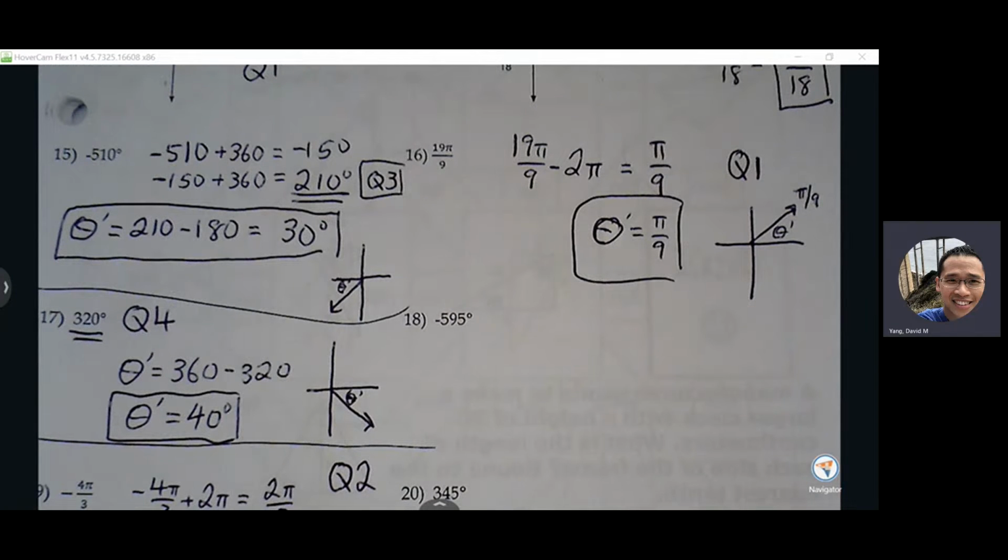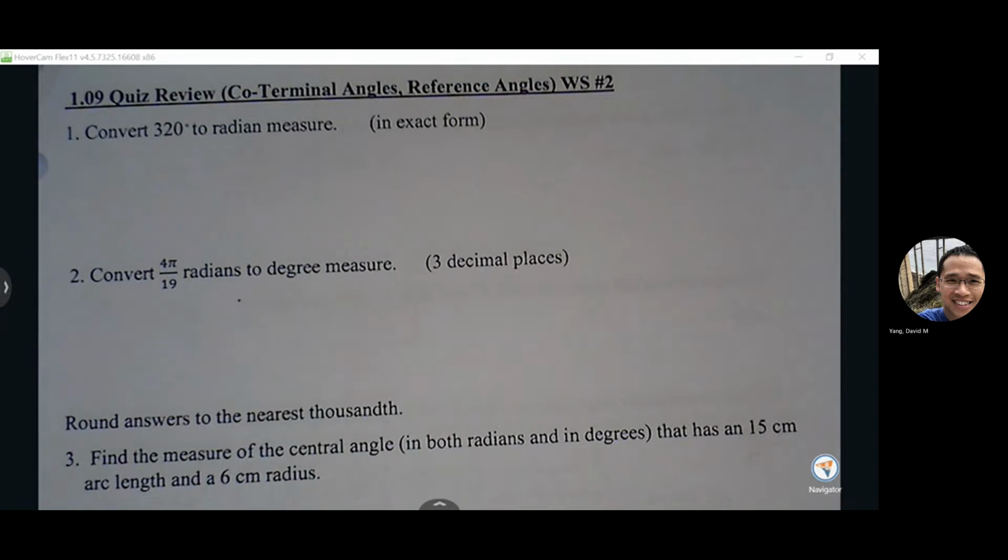Let's see if we can start on the first page of worksheet 2. We need to make sure that we remember how to convert from radians to degrees and vice versa. From degrees to radians, we multiply by pi over 180.